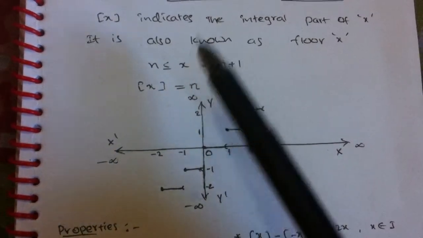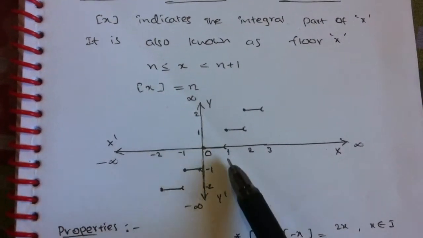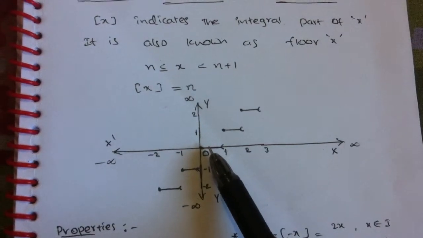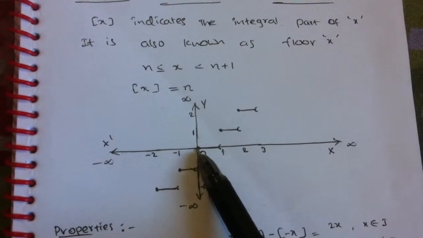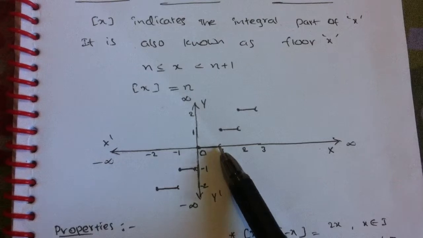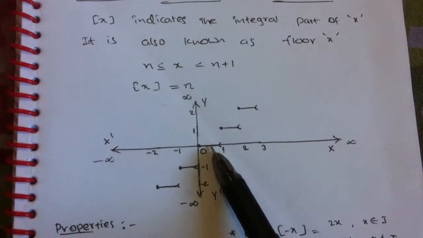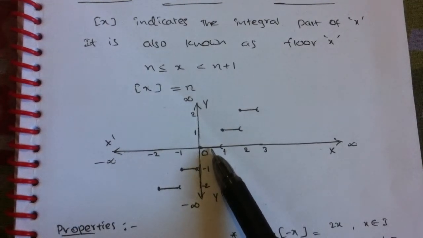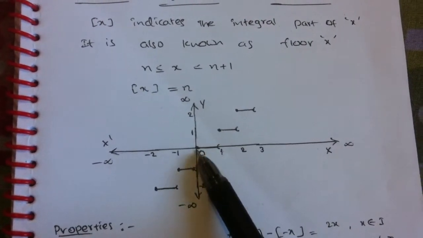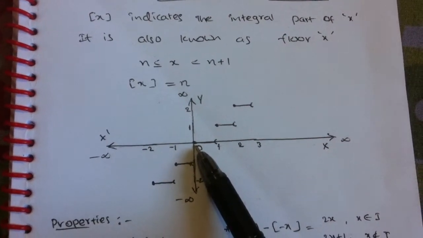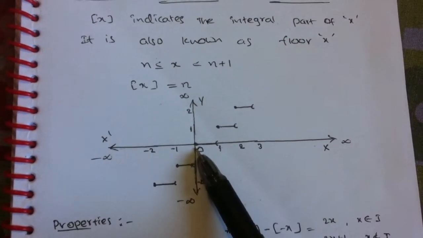According to the step x definition, consider any value between 0 and 1, for example 0.5. Then step of 0.5 is 0. That is the greatest and nearest integer.